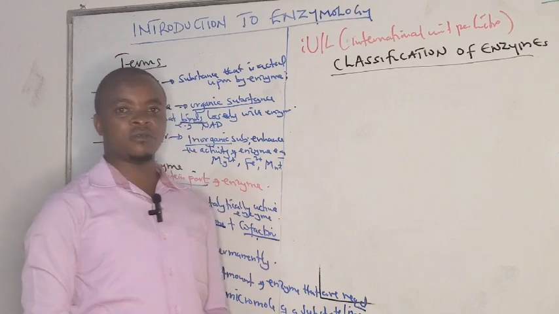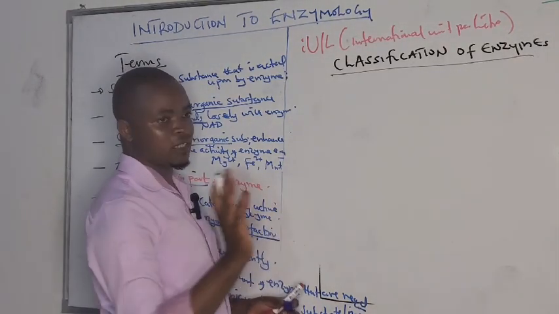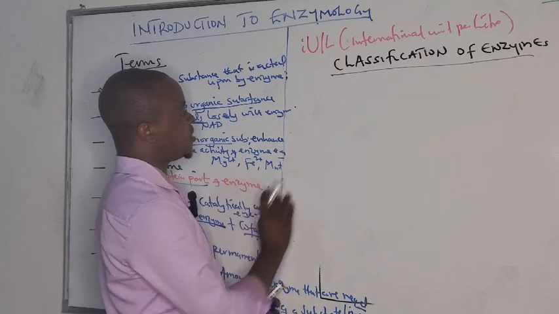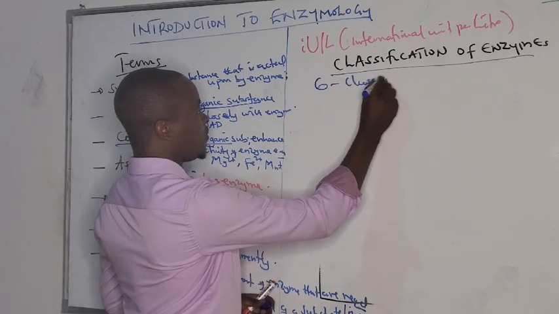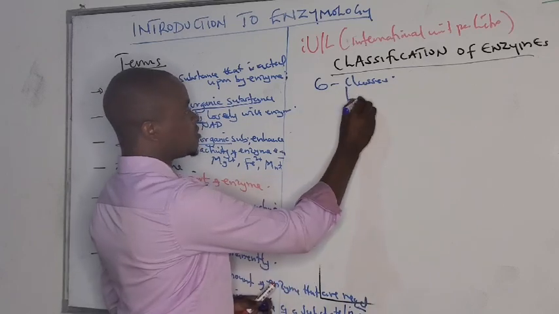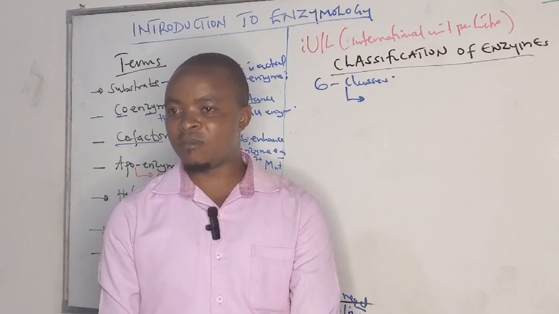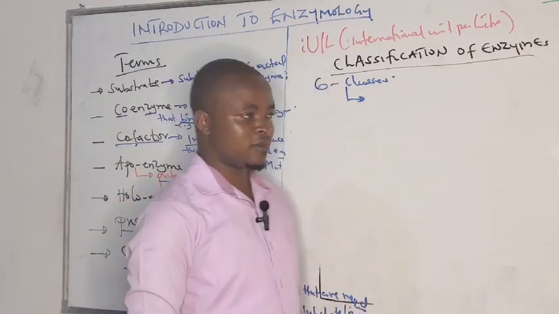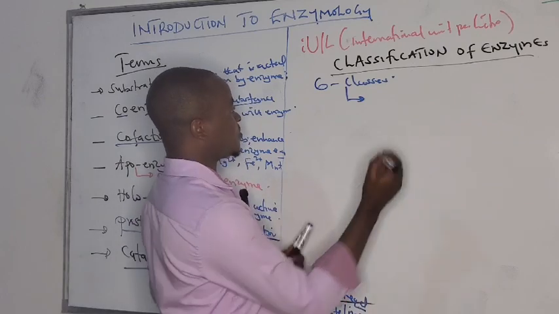These 6 classes of enzymes have a mnemonic. We can always remember them using the mnemonic O3.